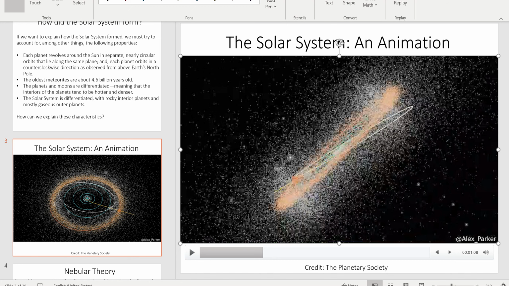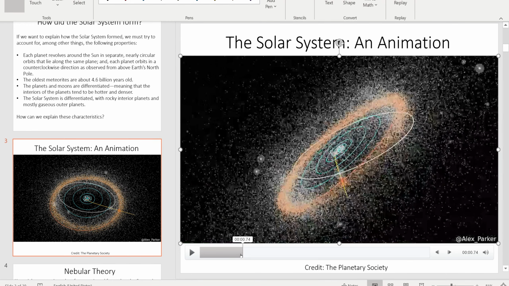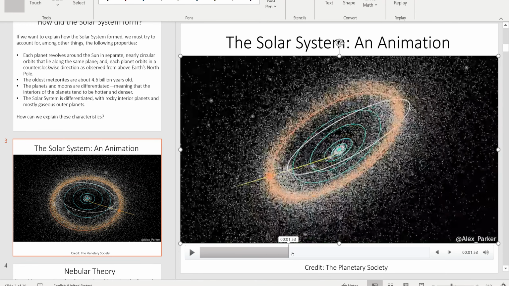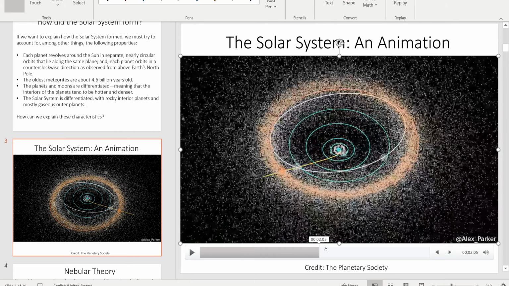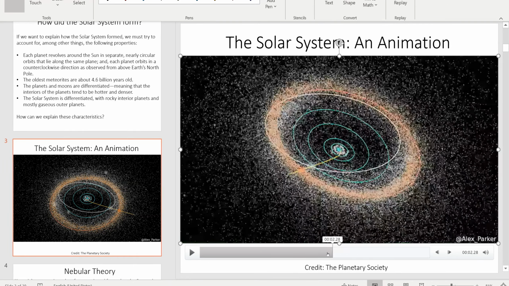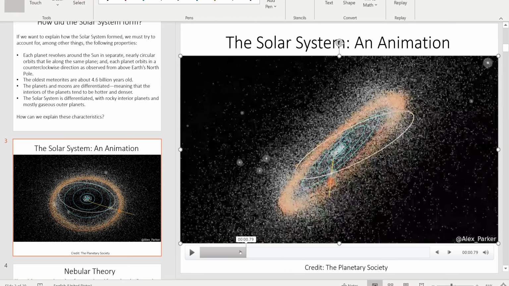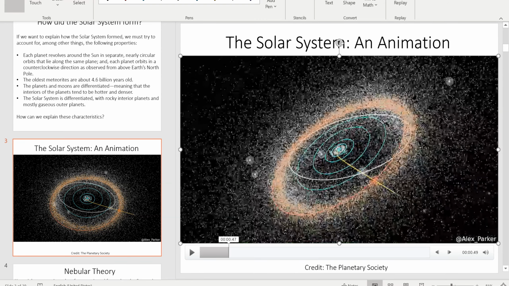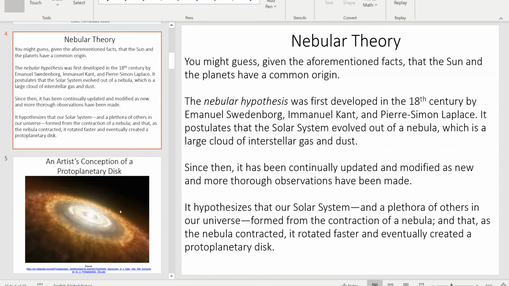So many of the asteroids and dwarf planets like Pluto don't orbit exactly in the same plane, but all of the 8 planets whose orbits are in blue orbit in the same plane, with the sun at the center. The solar system is therefore a highly ordered object. And this leads us to the basic idea behind what we call nebular theory.